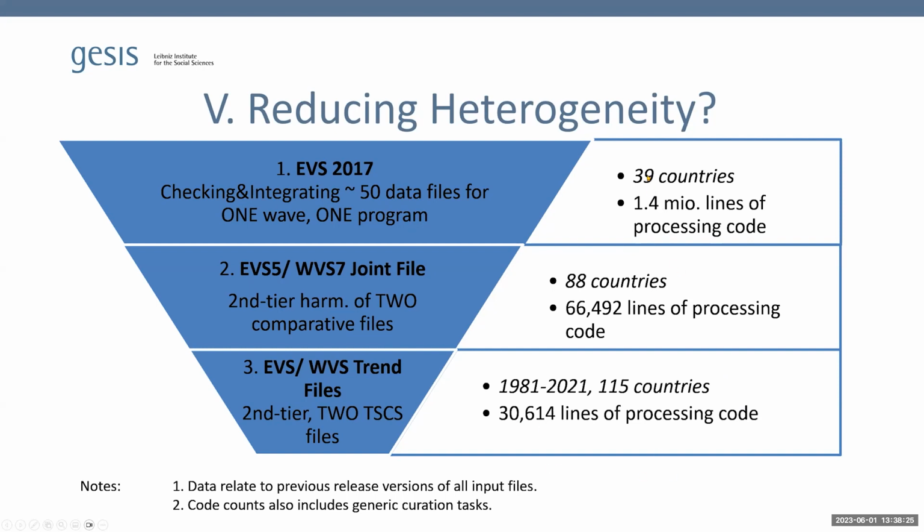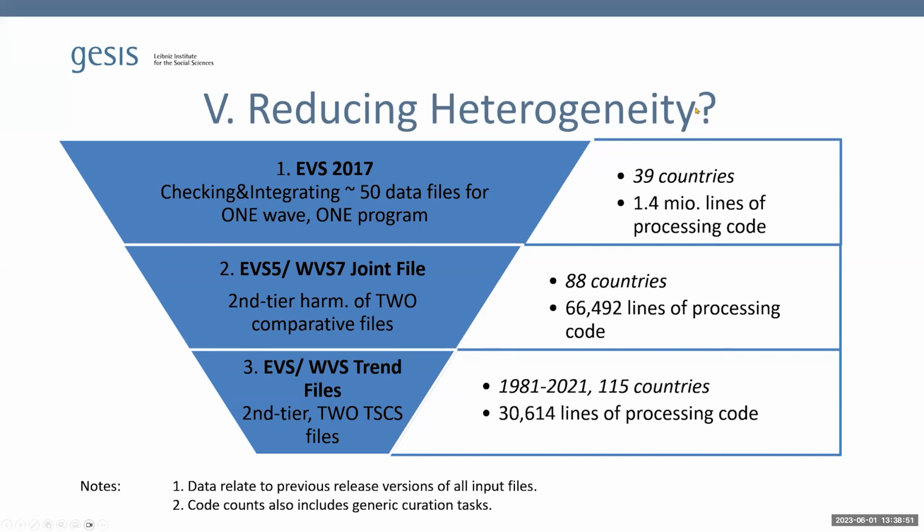And the number of countries and samples, of course, increases across these steps, but the number of codes we employ in processing scripts for doing this decreases drastically, which means that we are, of course, reducing the heterogeneity in the source data step by step.